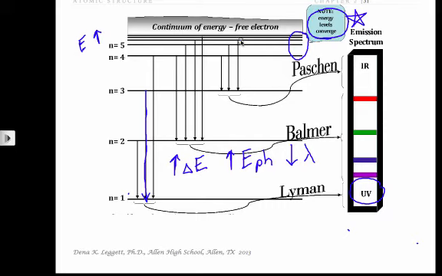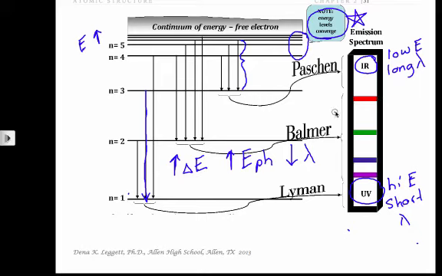So as we get up to transitions at higher n values, we have a smaller energy, and that would be in the IR for the Paschen series. So this would be low energy, long wavelength. This would be high energy, and it would be short wavelength.